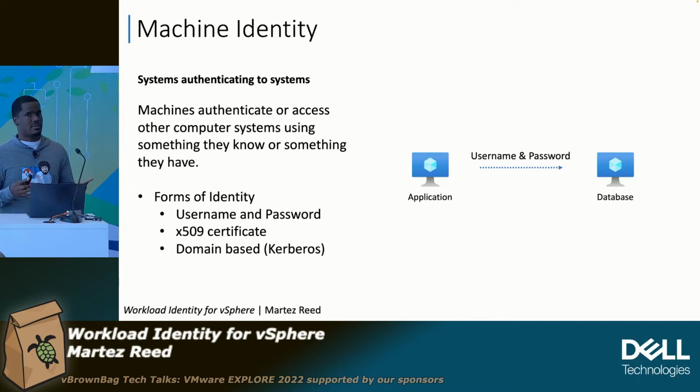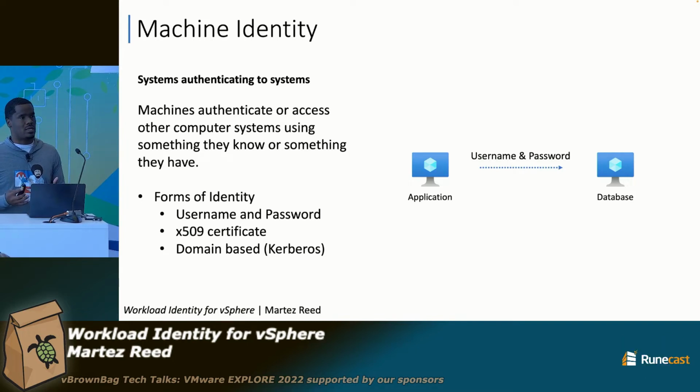Certainly in addition to usernames and passwords, things like X509 certificates have been utilized to enable authentication from one system to another system, or things like domain-based authentication or identity, in which essentially there's a level of trust given to a given platform. What this enables is the ability for one system to be trusted by another system through what's effectively a transitive proxy in terms of authentication or identity.